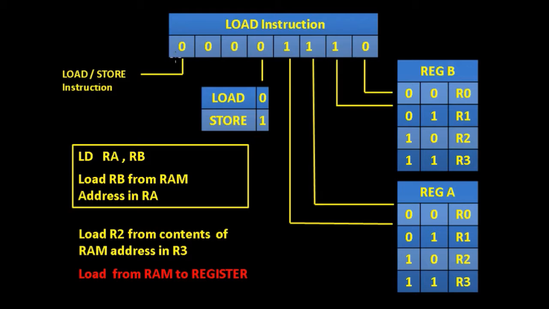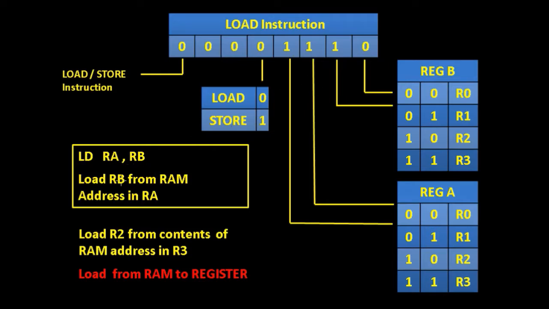So here's our instruction code. We have a 0 at the most significant bit, so it's a load or store instruction. And this bit here is a 0, therefore it's a load instruction. So our little mnemonic for it is LD for load, and the first 4 bits are our instruction, and the next 2 bits are RA and RB. So it's going to be LD RA, RB.